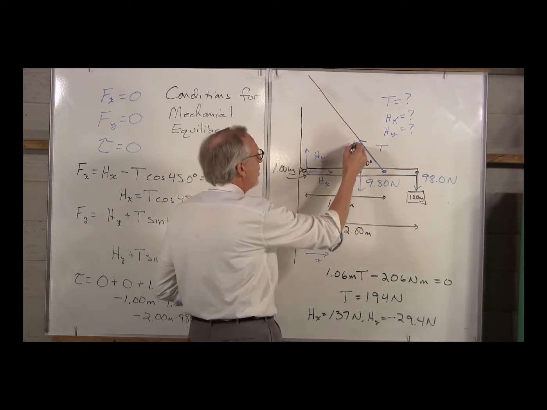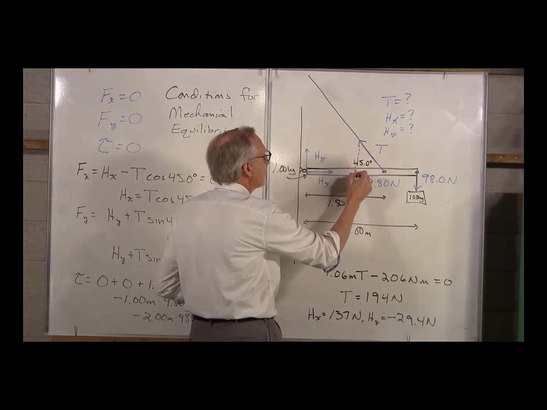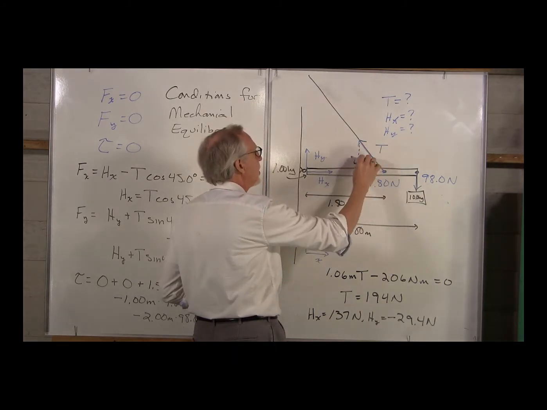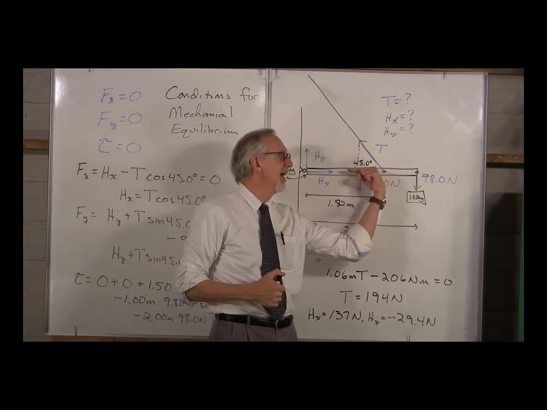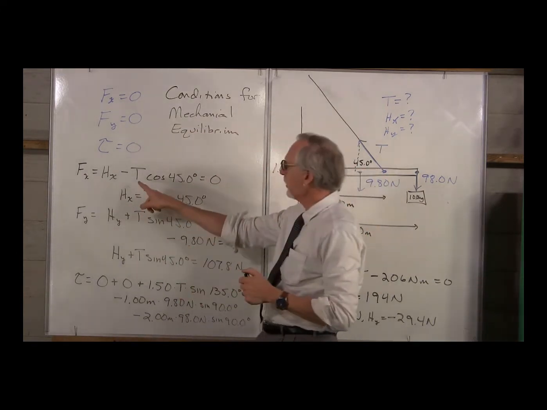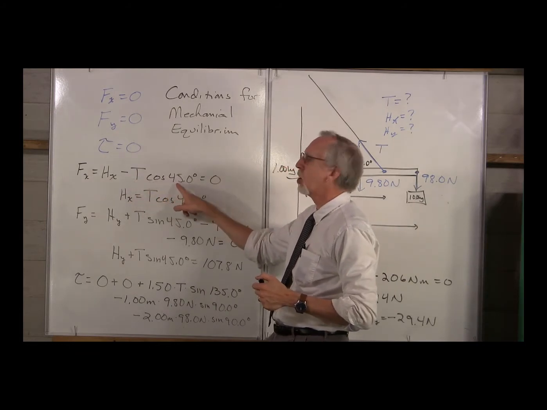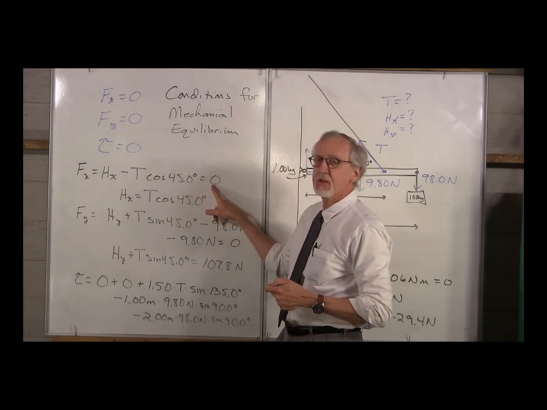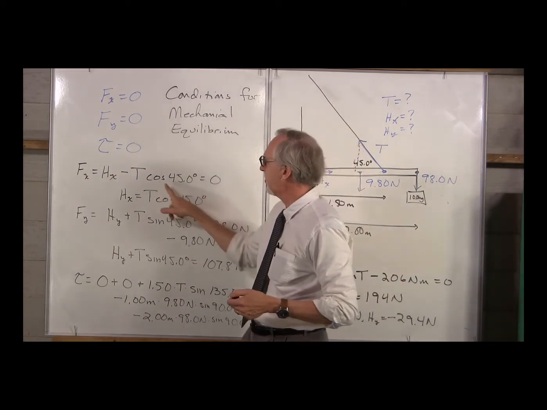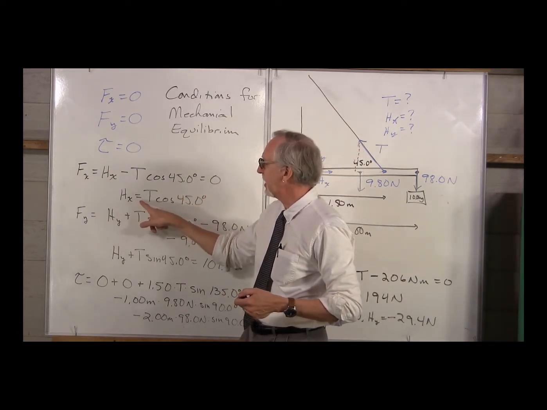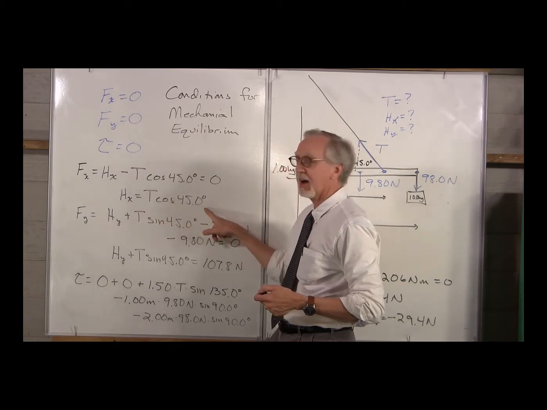The x component would be this much here, which is t cos 45. But we notice that that is acting in the negative x direction, so we have minus t cos 45. The net force in the x direction has to be 0, so this all equals 0. Bringing this to the other side, we have h sub x equals t cos 45.